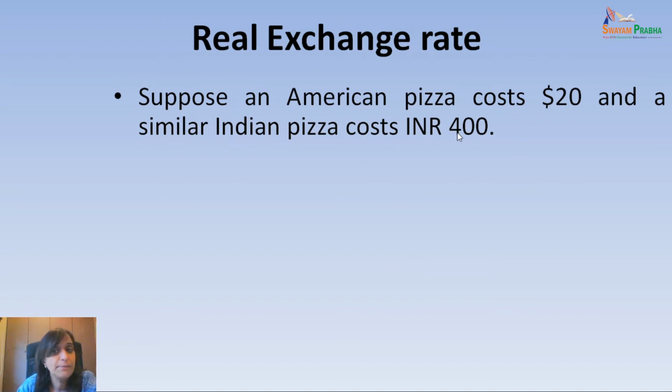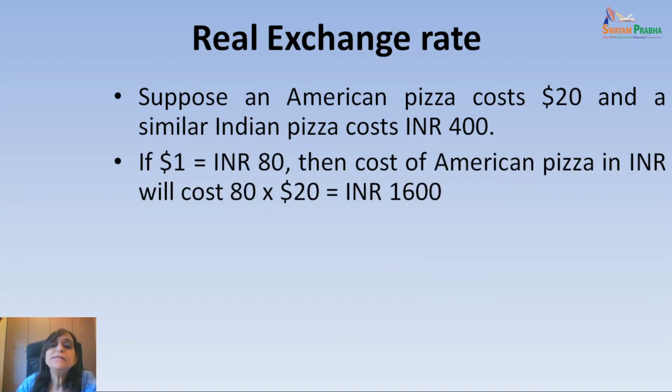Goods are the same. If the nominal rate of exchange in India for $1 is 80 rupees, that is, you have to pay 80 rupees to get $1, then if an Indian is going to the US and going to Pizza Hut to buy this pizza, how much in INR will he have to pay? He knows that pizza is going to cost him $20. But $1 for me is equal to 80 rupees.